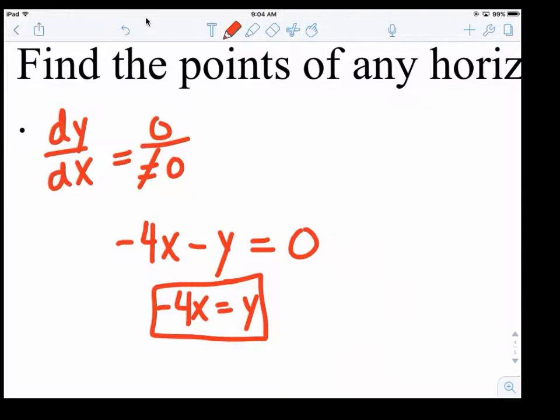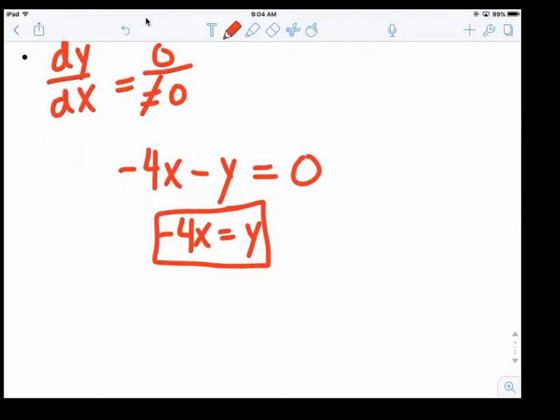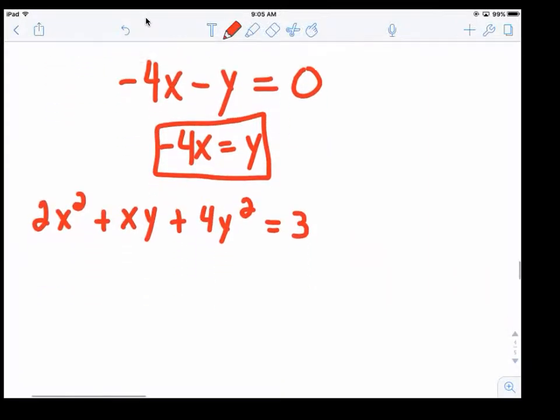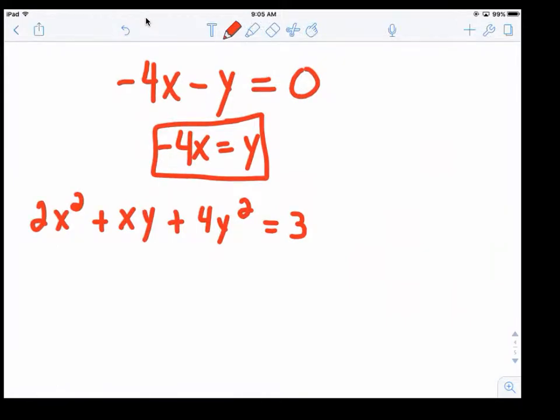So what you're going to do is use substitution and plug it back into your original. So your original was 2x squared plus xy plus 4y squared equals 3. So anywhere you see a y term, you want to replace it with negative 4x.